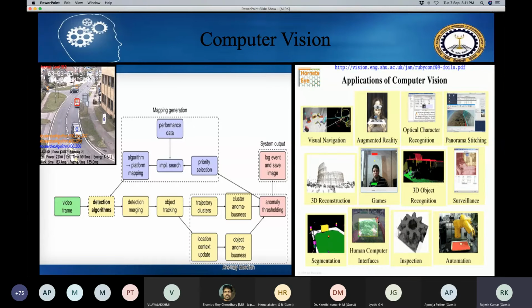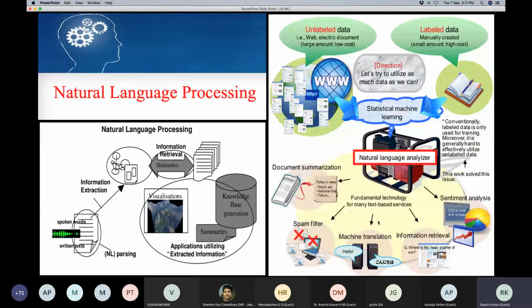If these videos are of a classroom, you can tag the students who are not interested in lectures. This is just to give an idea how it is happening. There is an enormous number of applications where we use a computer as a system to analyze images, which is computer vision, and obviously in the background we run our AI or machine learning algorithms to extract the required information out of it.